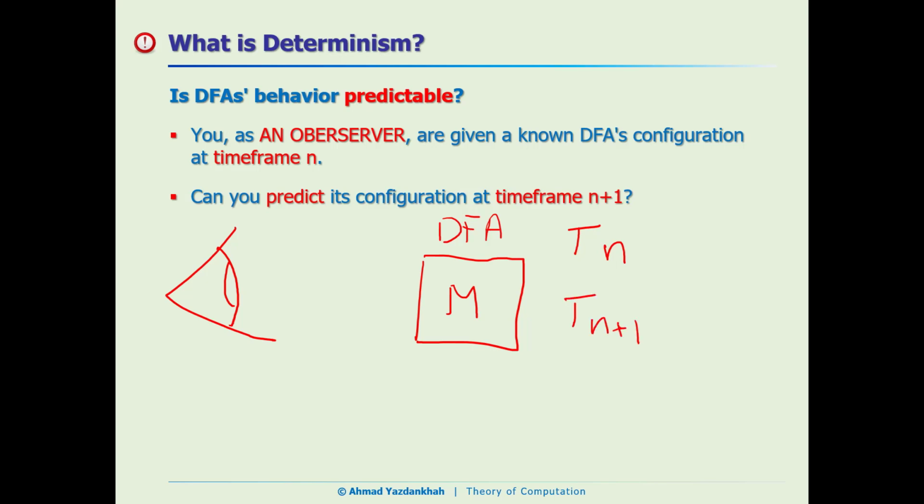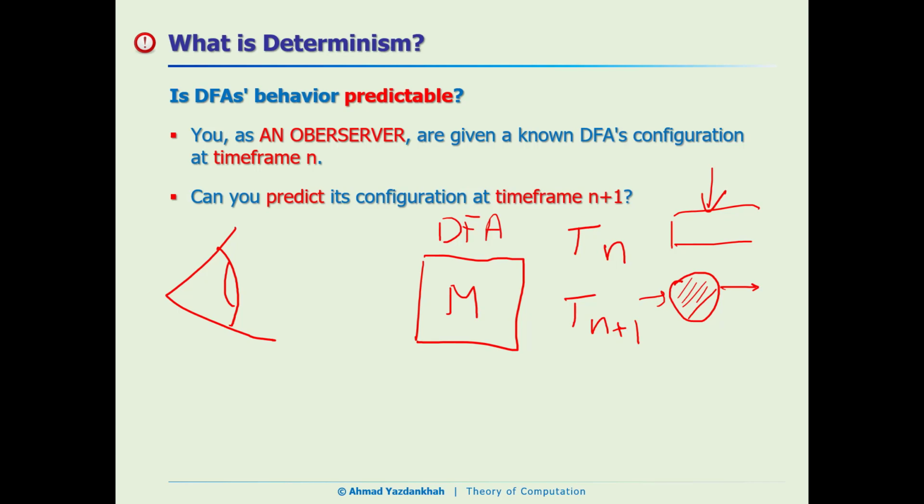If you know the configuration of the machine, you have lots of information about it. You know what is on the tape, you know where the cursor is, you know the transition function, the transition graph, and which state is activated, right? You have all of this information.